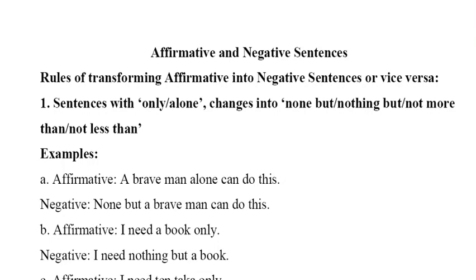So let's start. First rule: affirmative to negative, sentences with only or alone change into none but, nothing but, not more than, not less than. These are very primitive; we discussed them multiple times. If you find the word only or alone, pick none but, nothing but, not more than, not less than.